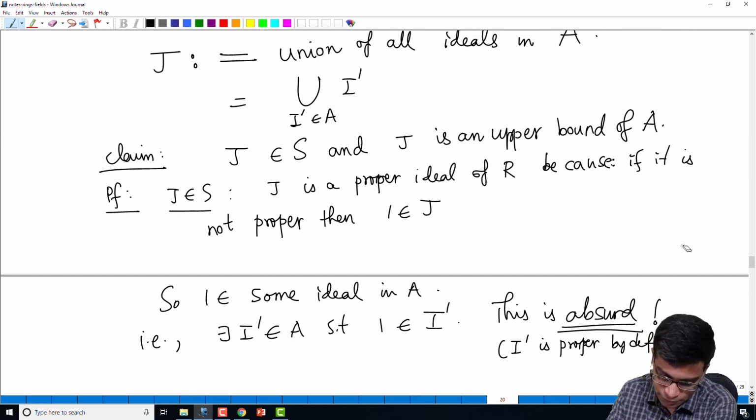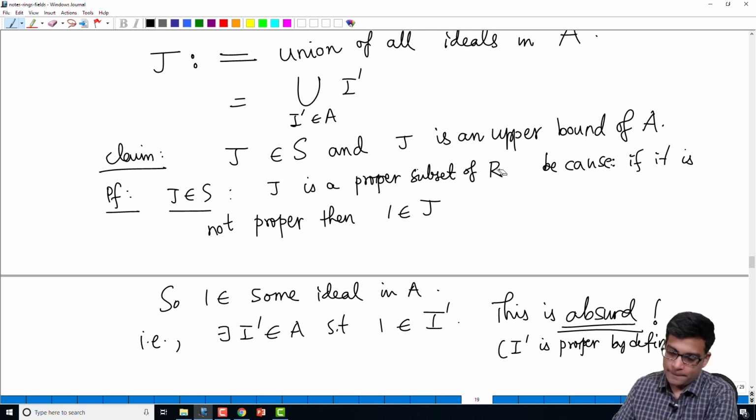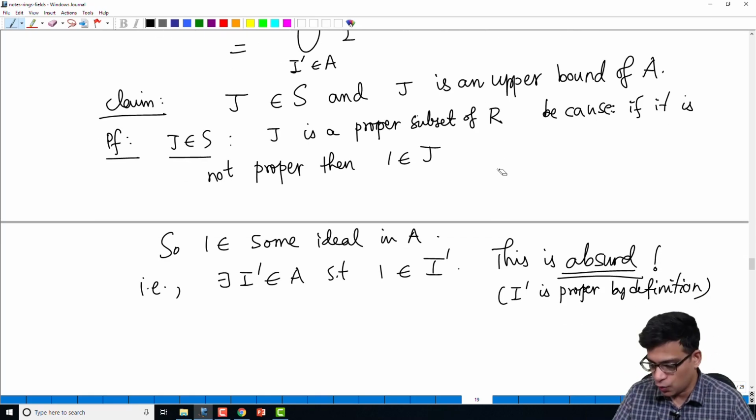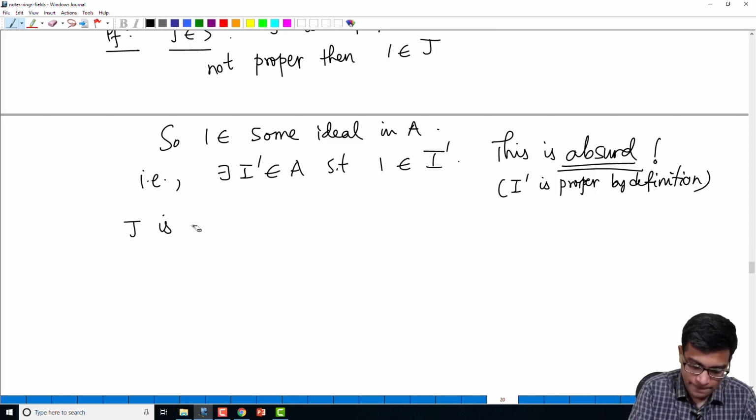Sorry, actually, we don't yet know that it is an ideal. So I'll say that J is a proper subset, I should say, of R. J is a proper subset of R because if it is not, then it is equal to R, then it contains 1, and we showed that that cannot be. Second point is J is an ideal.